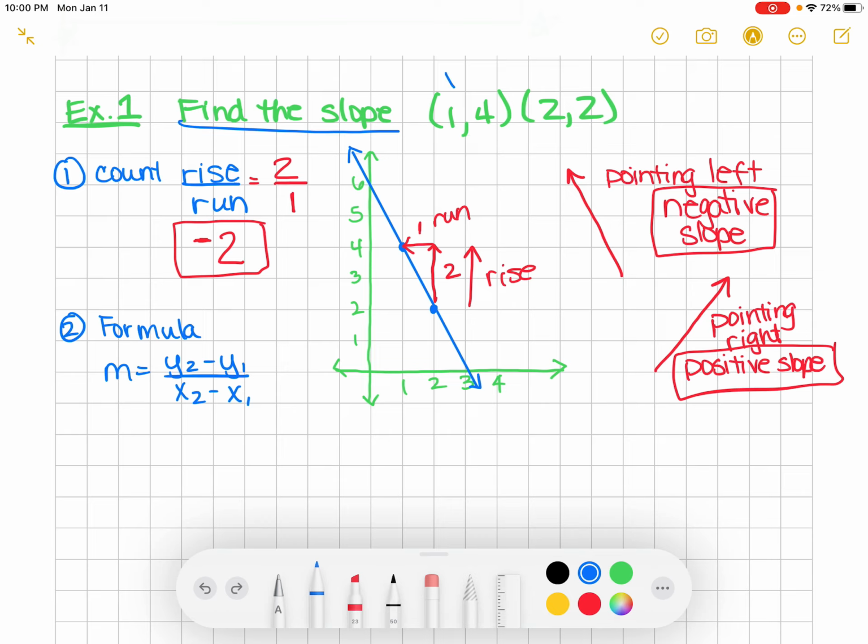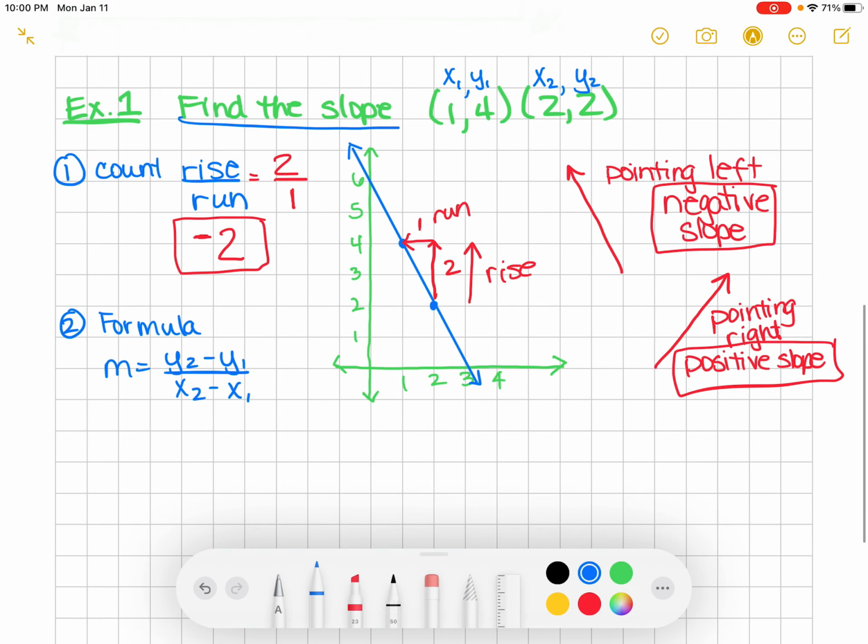This is going to be x1, y1, and this is x2, y2. So my first point is x1, y1, and my second point is x2, y2. I'm just going to write these points down here to help me with my formula instead of having to look up there the whole time.